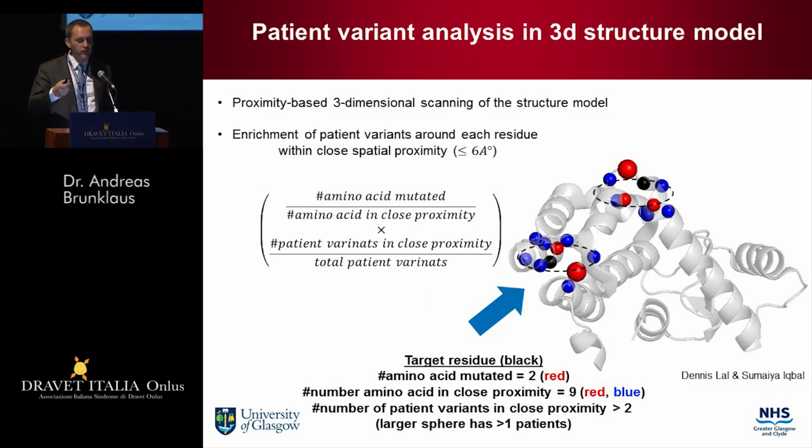So what would be nice, and Dennis has done this particularly with Sumaya, is to build a 3D model around this, which illustrates where we find certain variants and which other variants might be closely associated with that. This is a proximity-based, three-dimensional scanning of the structure model and enrichment of patient variants around each residue within close spatial proximity.